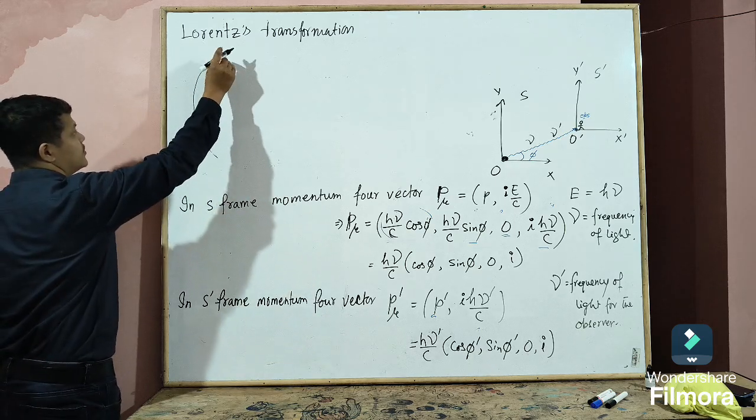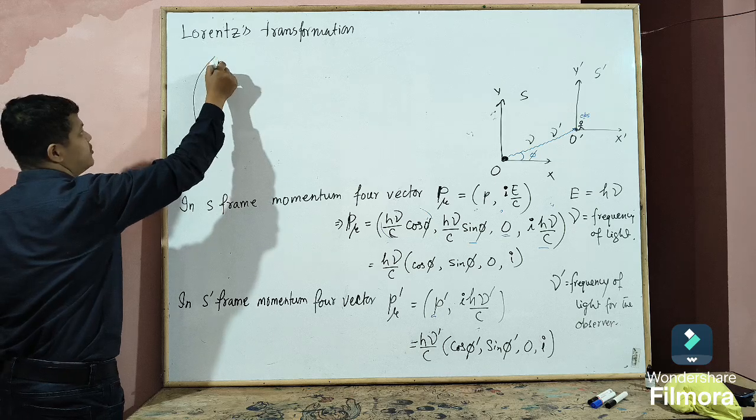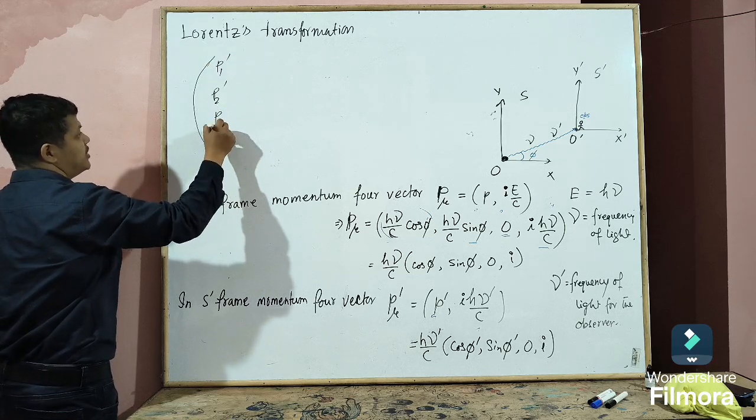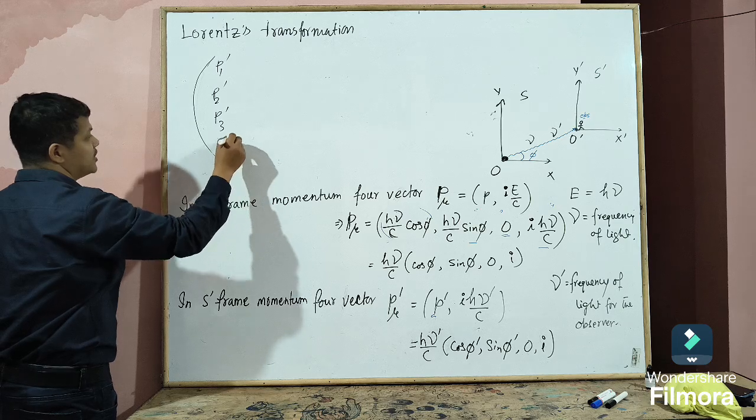So what we can write here: P1 dash, P2 dash, P3 dash, and P4 dash.